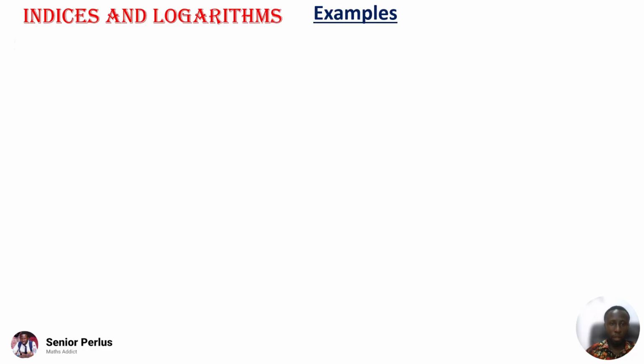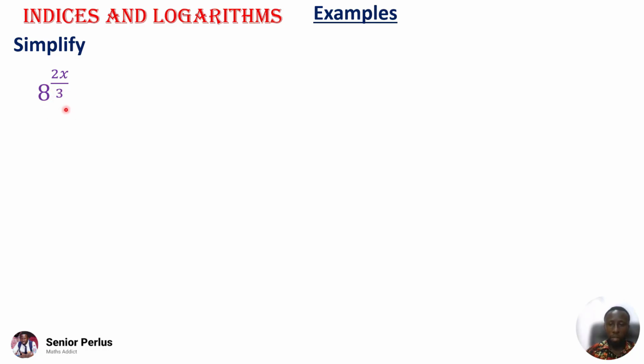So we are still on examples under indices. So simplify this. 8 to the power 2 on 3. So here you have to get rid of the denominator.